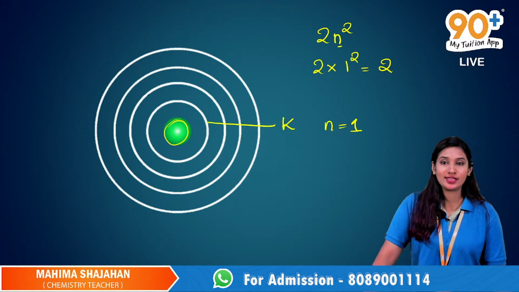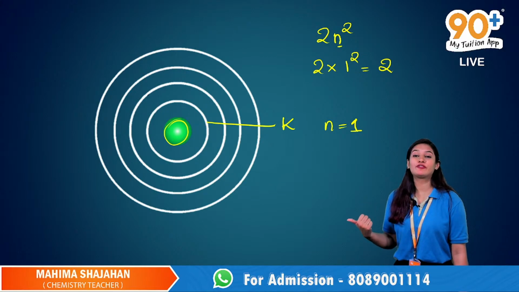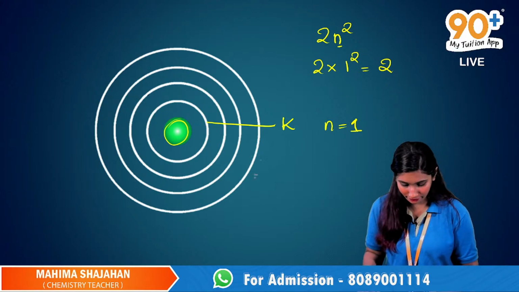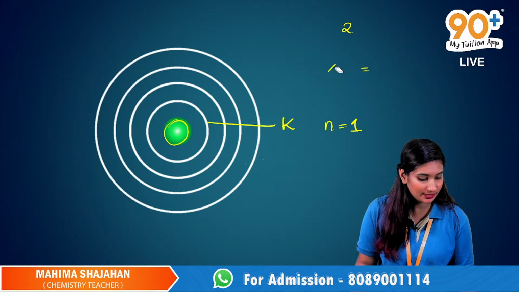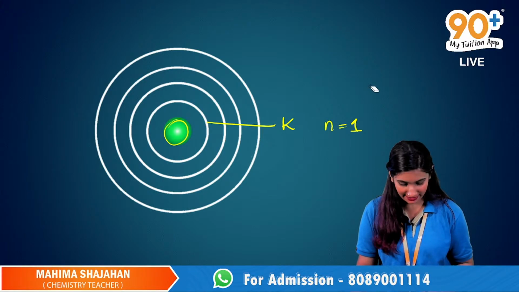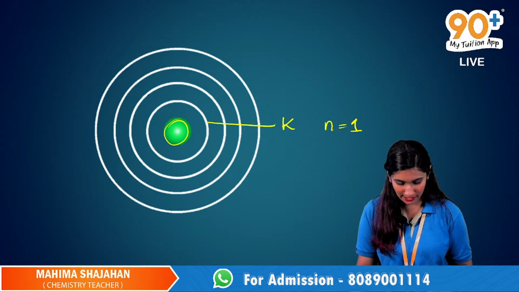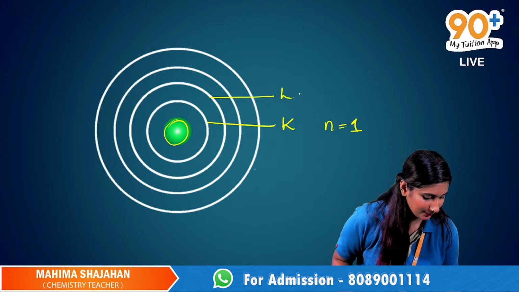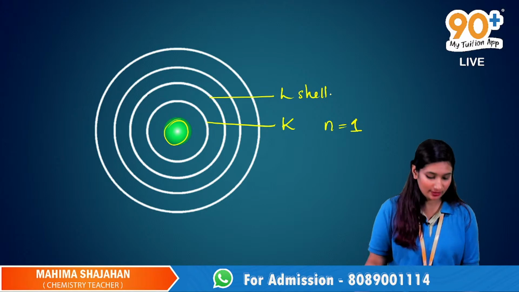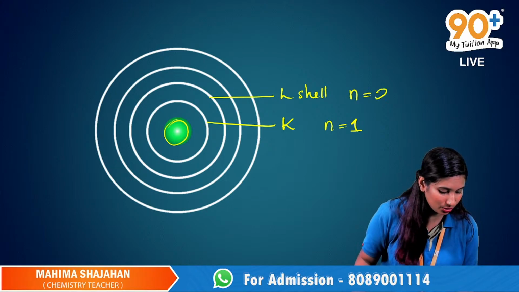Now we are going to find out the maximum number of electrons that is possible in the second shell, that is our L shell. This is our second shell, right? Since it is the second shell, n will be equal to 2.